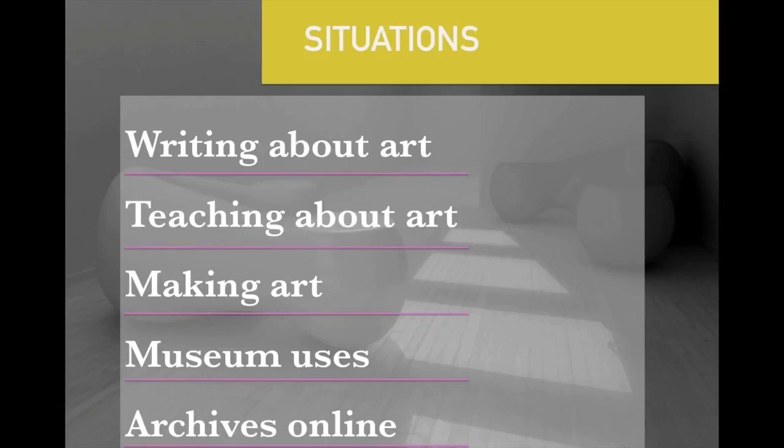So these codes of best practices, of which the CAA code is the most recent, are always organized around topics that arise in our early discussions with members of the community.